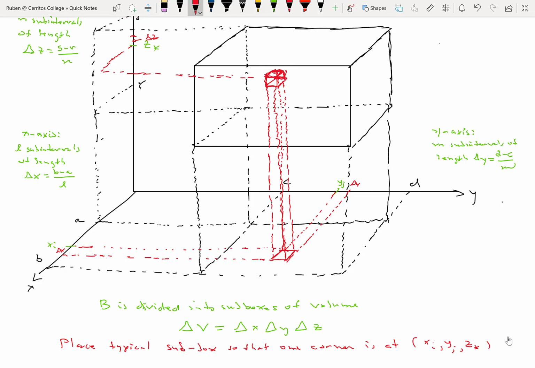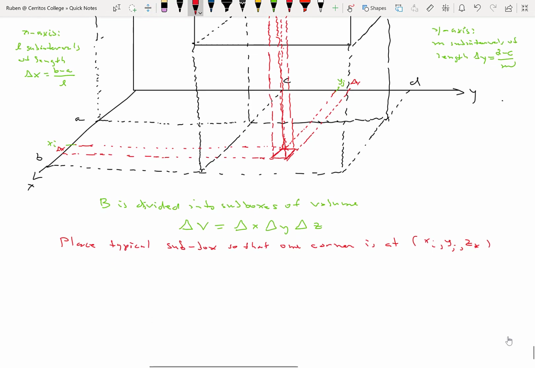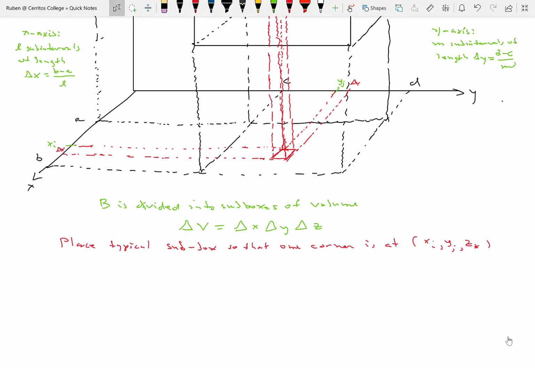Okay, so now we're looking at a typical sub-box within the big box V. This is all along the way to defining the triple integral.